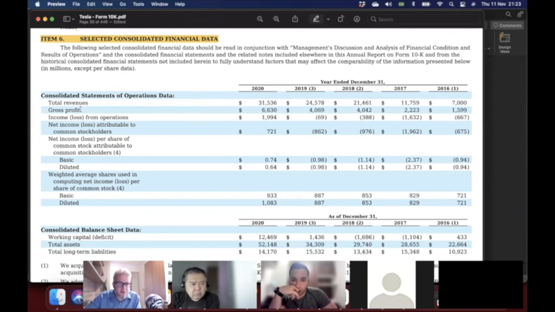The gross profit. So it is also increasing year after year. So in 2016, 1.6 billion, in 2017, 2.2, then 4, in 2019, 4 billion again, and in 2020, $6.6 billion. But you can see here that the gross margin is not a fantastic gross margin. But bear in mind that this is the automotive industry as well.